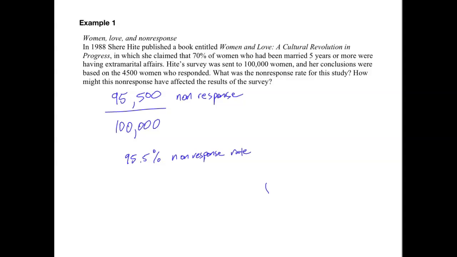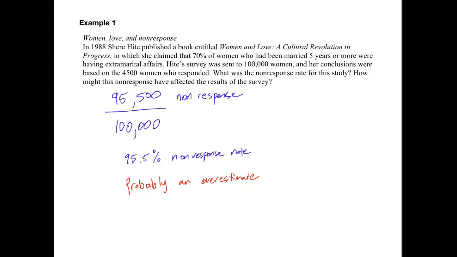And so because obviously this is voluntary response, this kind of has the Yelp effect where the only people who are responding probably have strong opinions about something. And in this case, this is, I would say, probably, hopefully, an overestimate of infidelity in marriages of 5 years or longer. I would expect that 70% is a little bit high on that.